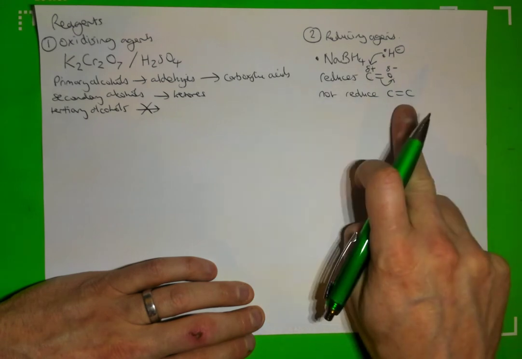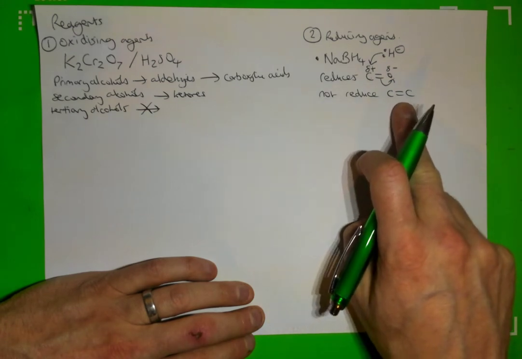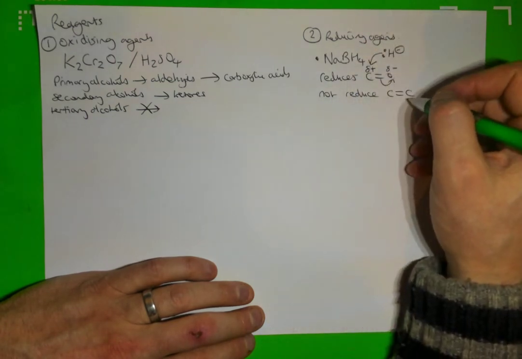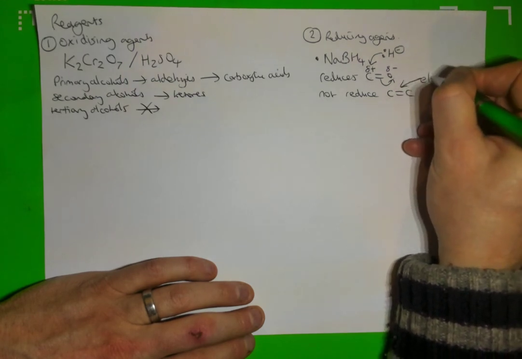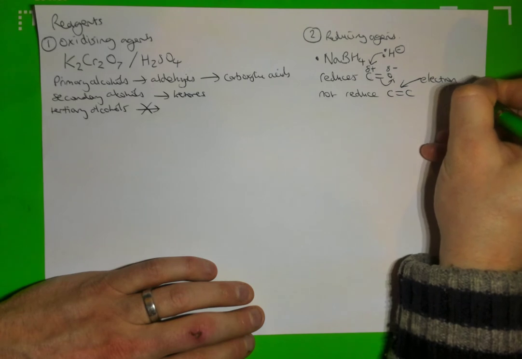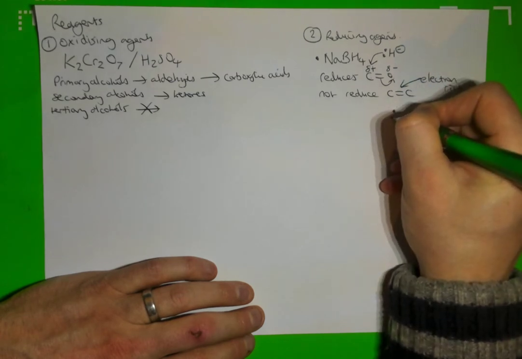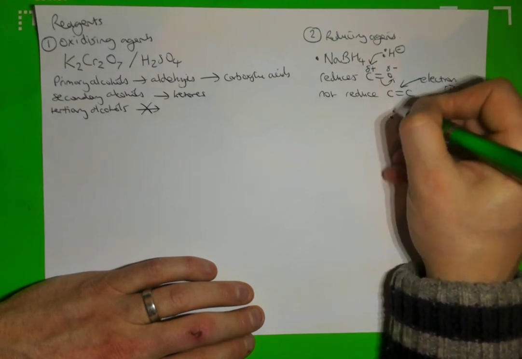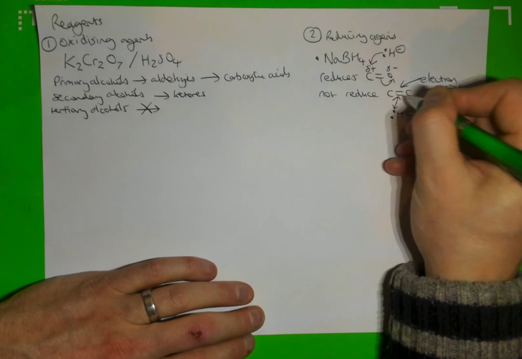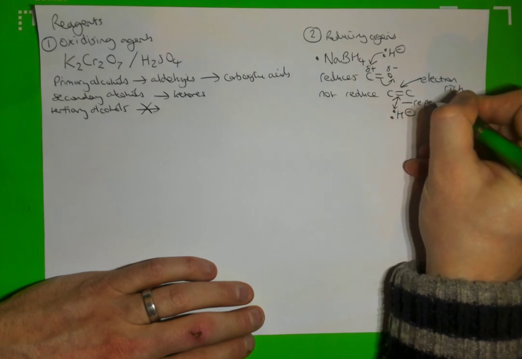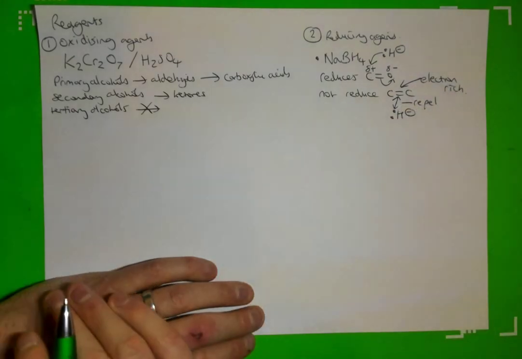It will not reduce the C=C double bond, and that is because this C=C bond here is electron rich, and the lone pair here, because it's electron rich, that would repel. So it would repel, so there'd be no reaction.